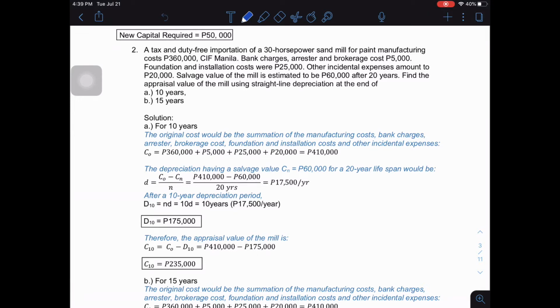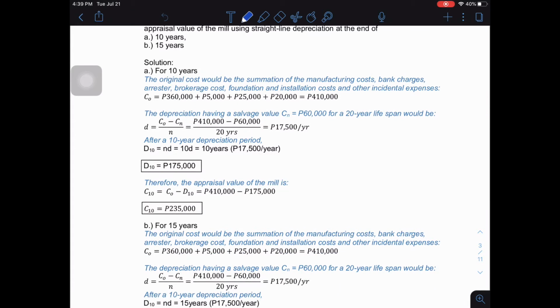After 10 years, the depreciation amount would be 10 times 17,500, giving us 175,000 pesos. Therefore, the appraisal value of the mill is the original cost, which is 410,000, minus the depreciation amount of 175,000 pesos, giving us a value of 235,000 pesos.